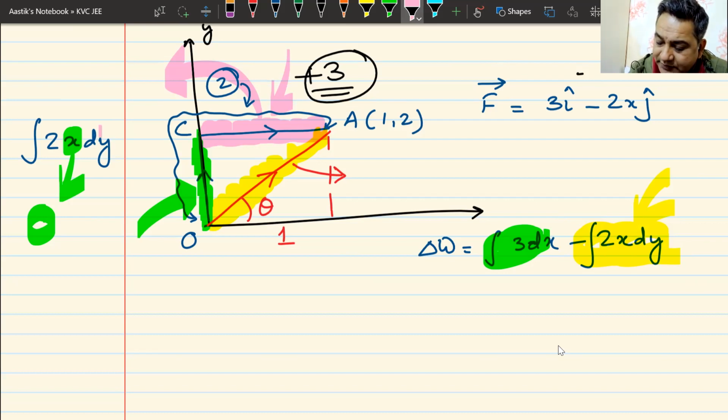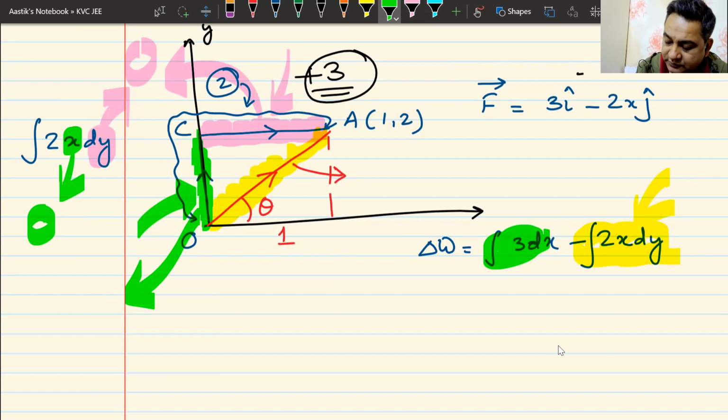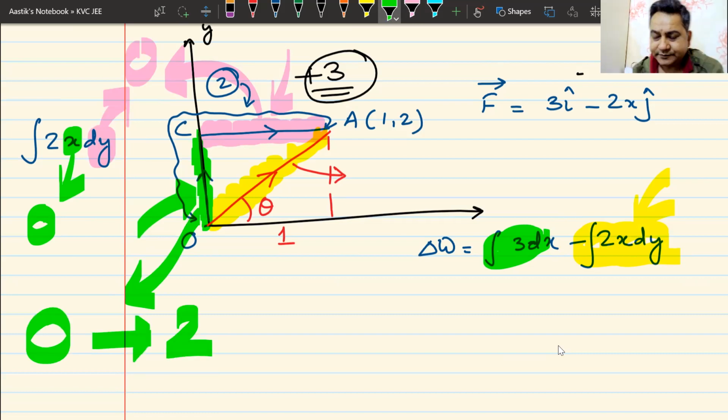So in the pink path, the integral is also 0. The value of y is changing from 0 to 2 in the green path, but in the green path the value of x is 0, so the integral becomes 0.